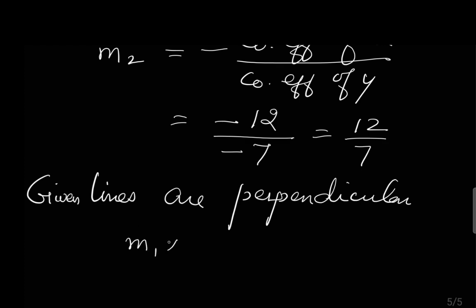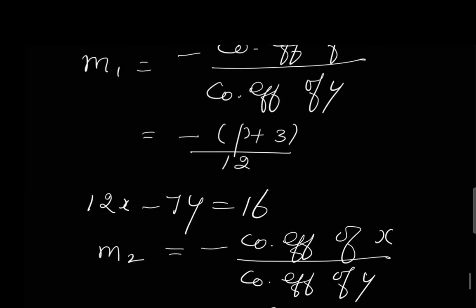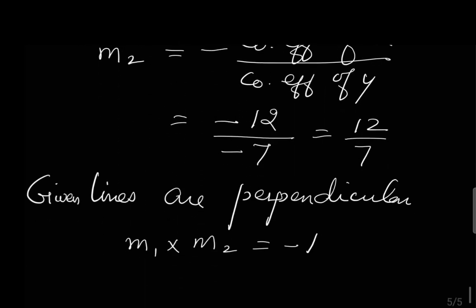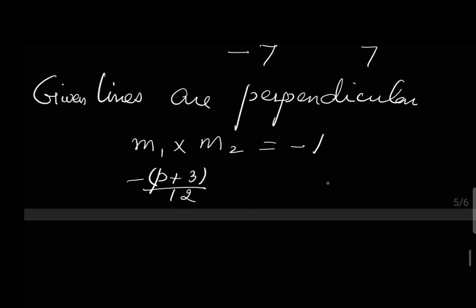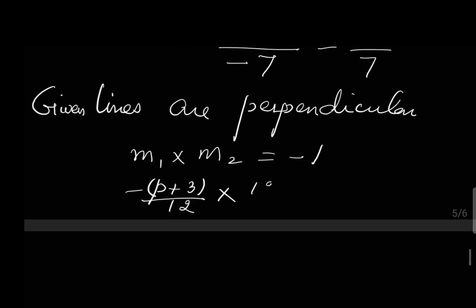So m1 into m2 is equal to minus 1. So m1 is minus p plus 3 divided by 12. And what is m2? m2 is 12 by 7, is equal to minus 1. 12 cancels.